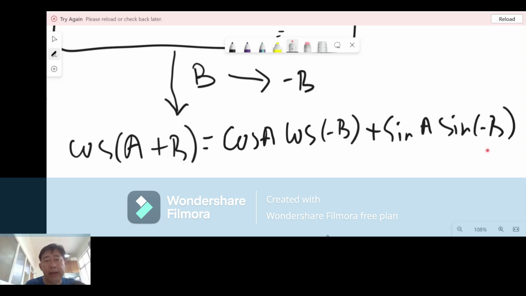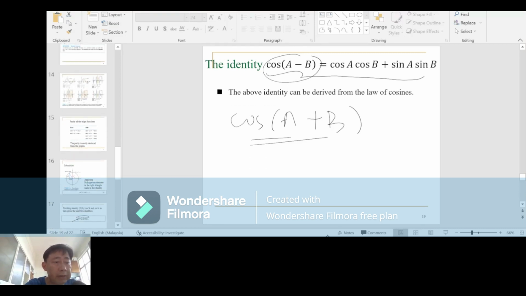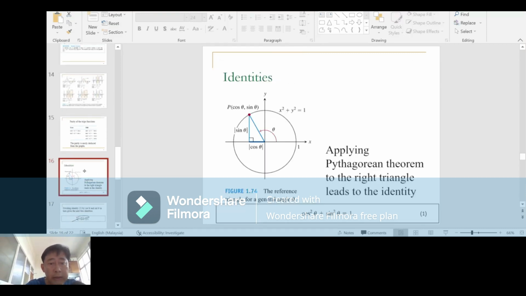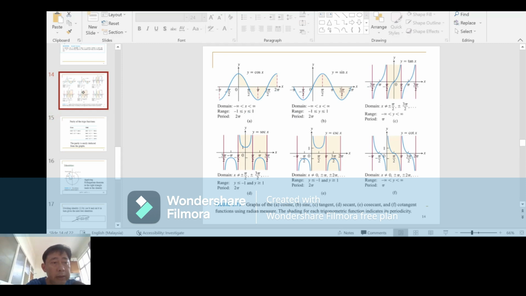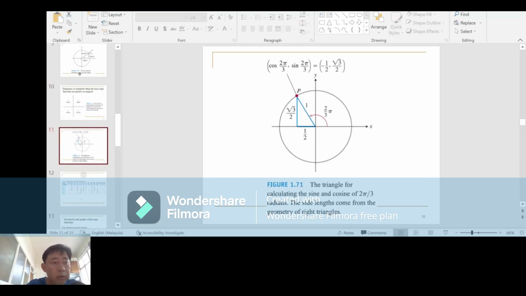So you have to understand that in order to get rid of this minus sign from the argument of cos and sine, you have to recall the mnemonic I mentioned in the previous slides. I think the mnemonic is what we call the CAST rule here.